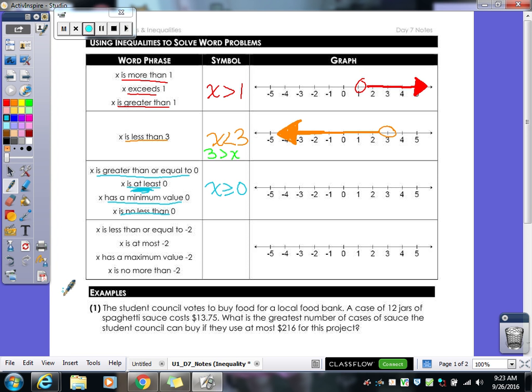The example I always give is you need to be at least 16 years old to drive a car. So that means you need to be 16 or older. So you always got to try to put it in terms of things that you know. So when we have the or equal to, that means we get a closed circle. Greater than tells us to shade to the right.